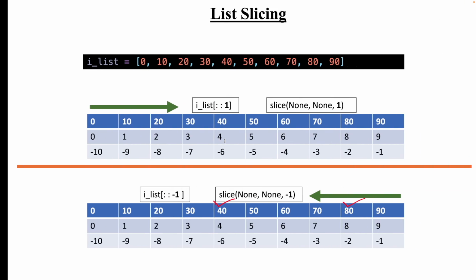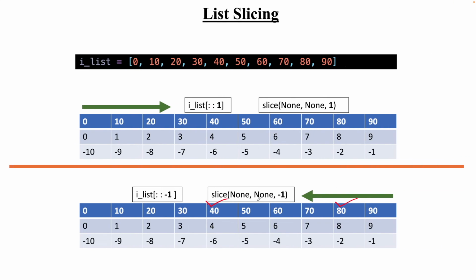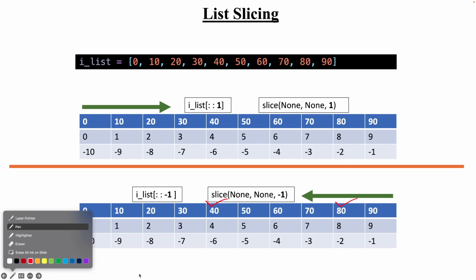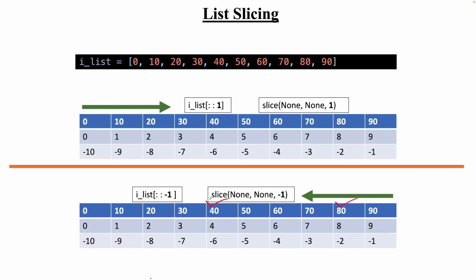But now, instead of 40, let's say I want to do one thing. I want to make the start 40, but I want to end at 80. In this case, what will happen?